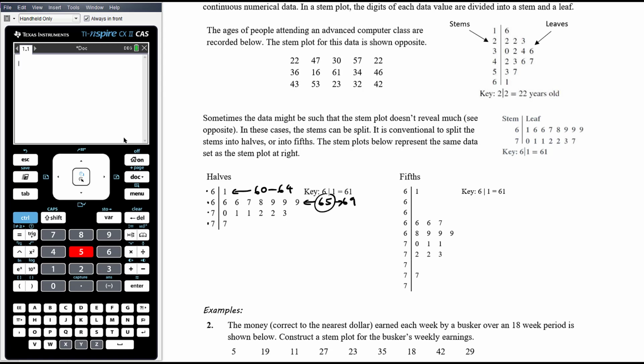Sometimes people make the mistake of including 65 in here. It's really important that you've got the same number of options in each category. So 60 to 64 is 5 different numbers: 60, 61, 62, 63, 64, and 65 to 69 is 5 numbers. This one would be everything from 70 to 74, and this one everything from 75 to 79.